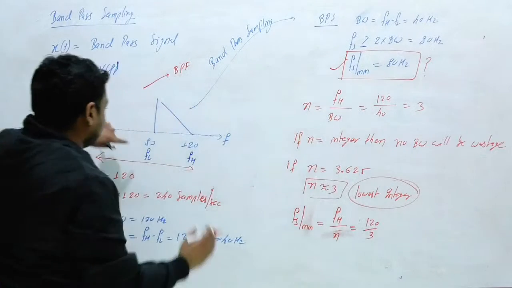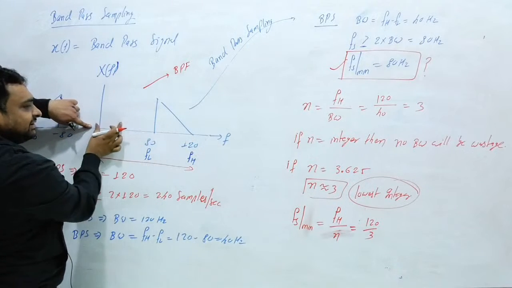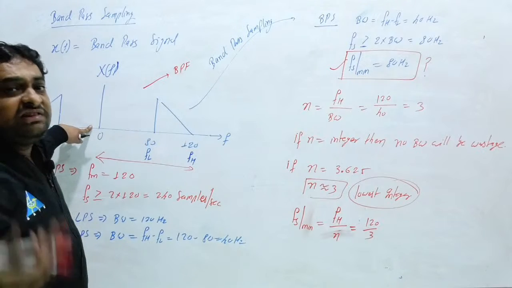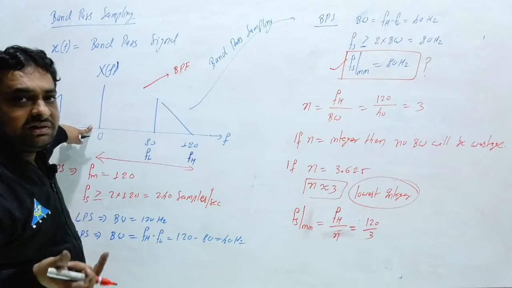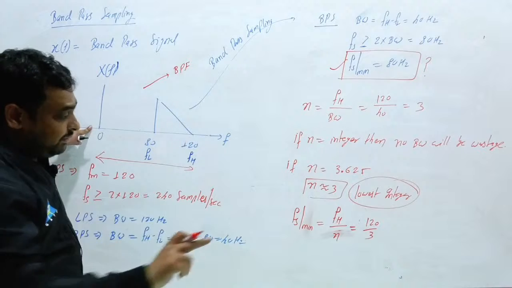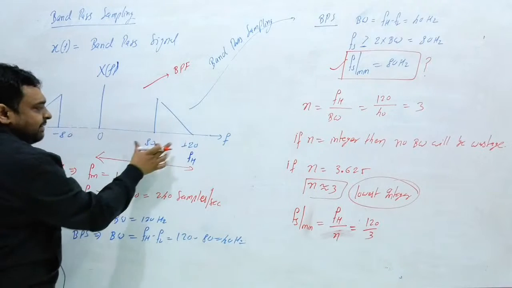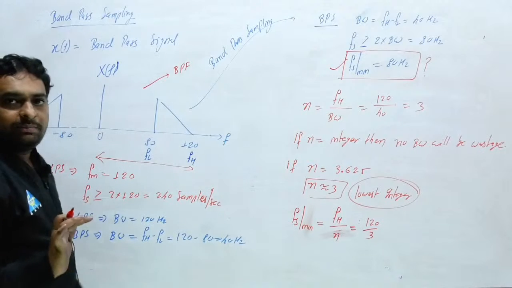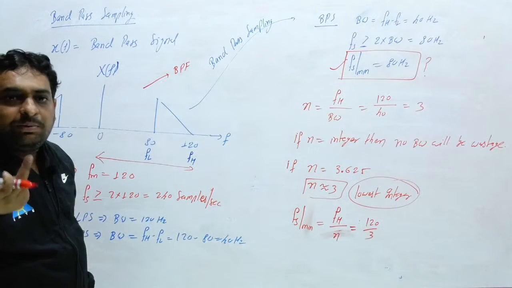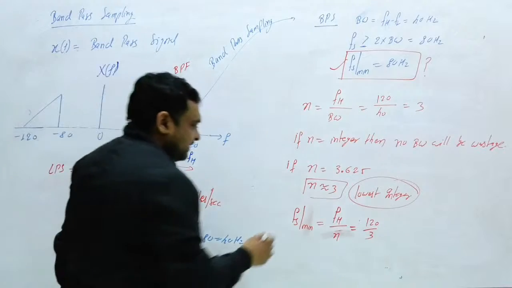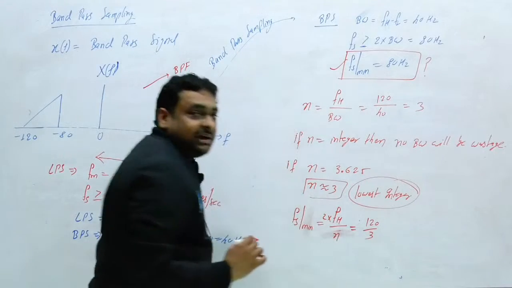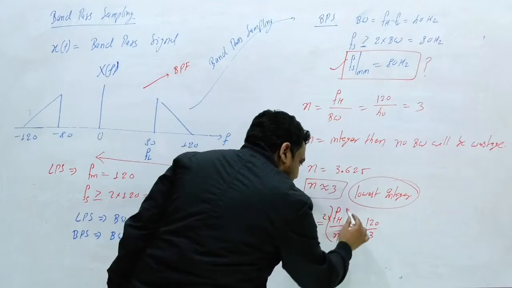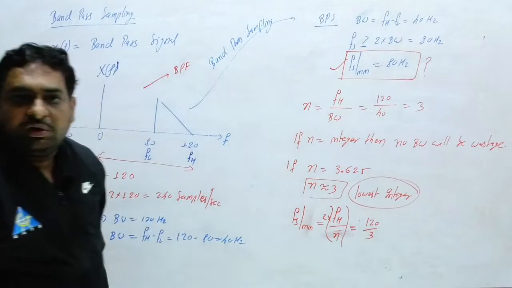It means in this space 3 samples can be present. So for one sample, how much bandwidth is required? For one sample, a bandwidth of 40 is required, and 2 times of that. You have to multiply by 2 because Nyquist said 2 times Fm. This is actually your Fm.